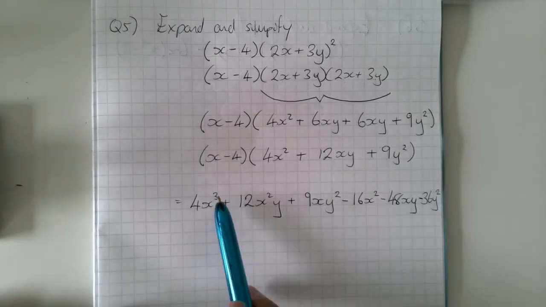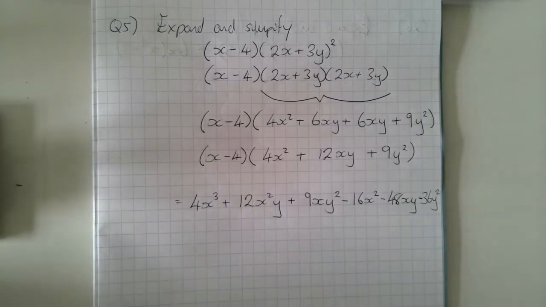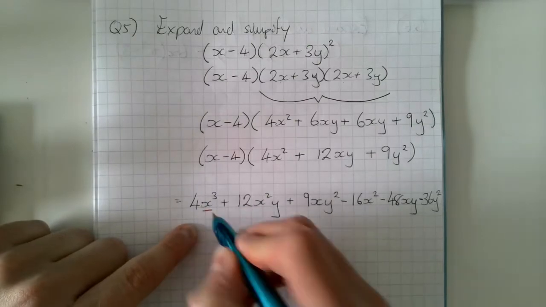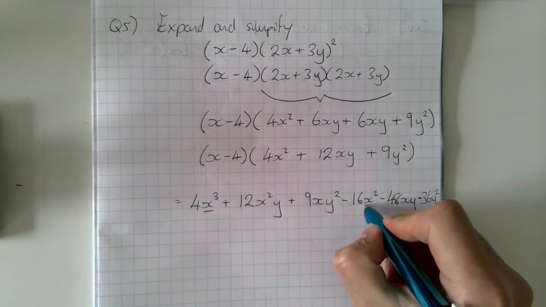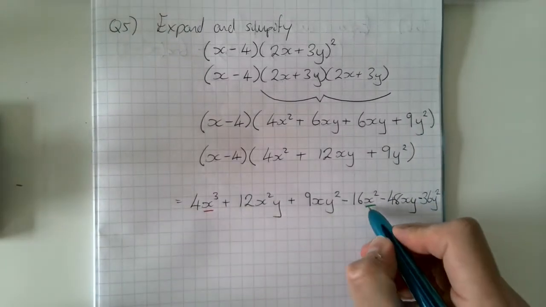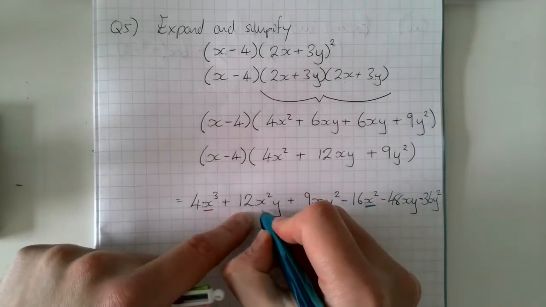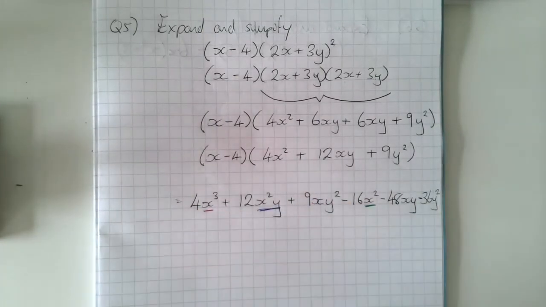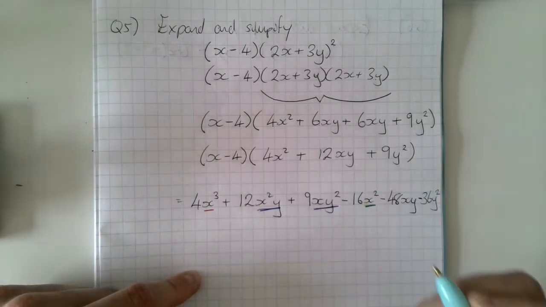All of these 6 terms have something different after the number. So let me just underline each one. I've got an x cubed. I've got an x squared. I've got an x squared y, which is different to an xy squared.